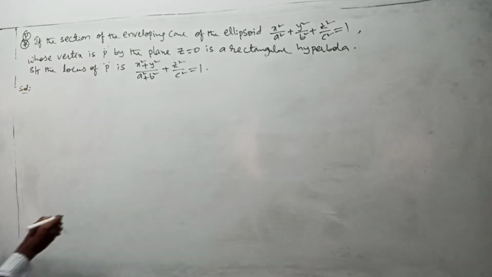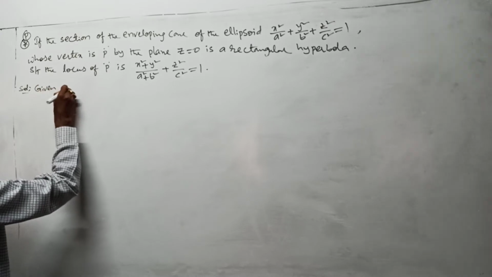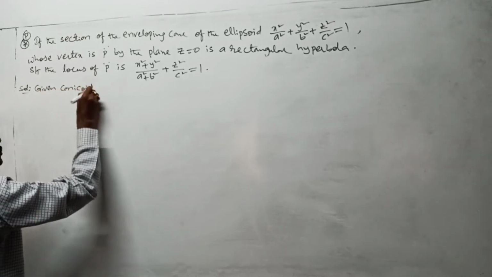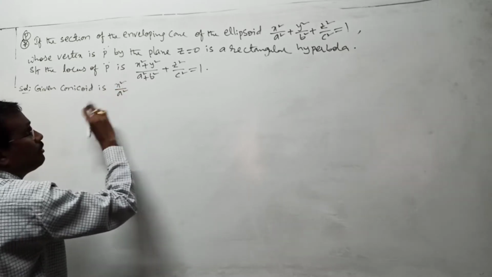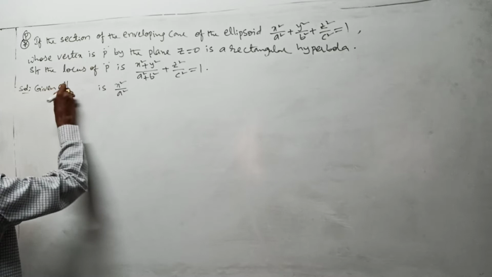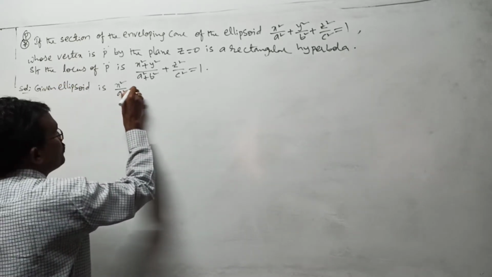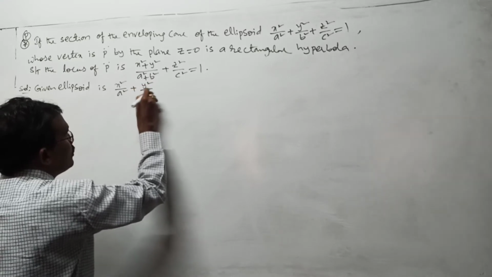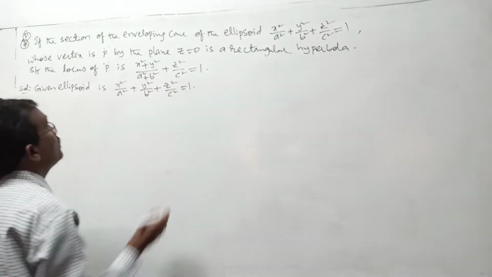First take your given conicoid, the ellipsoid x square by a square plus y square by b square plus z square by c square is equal to 1.